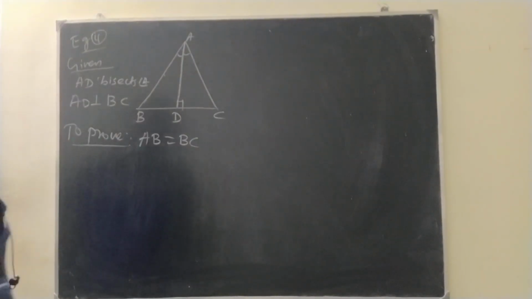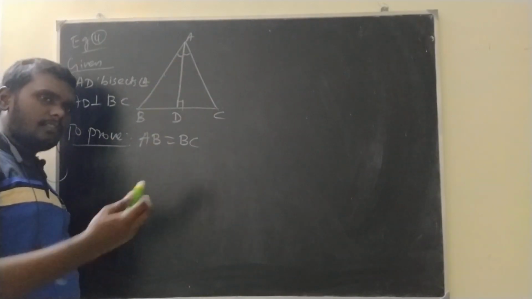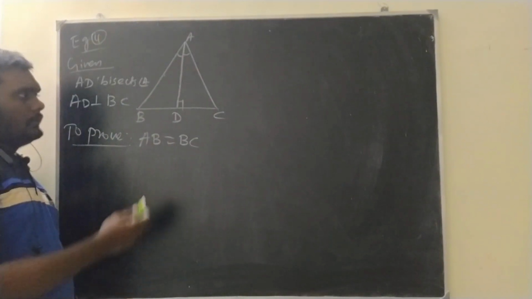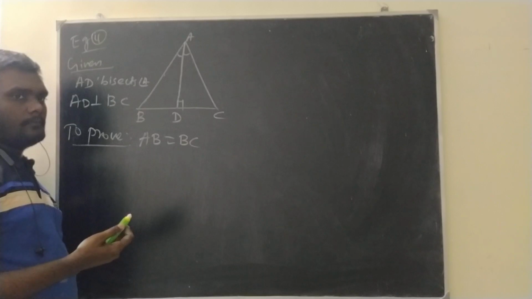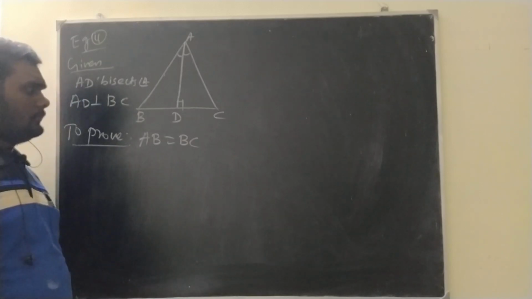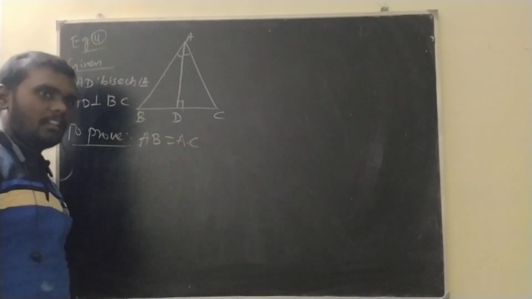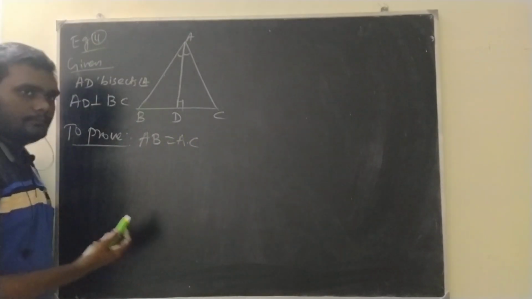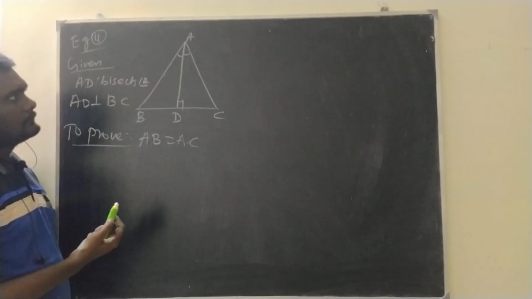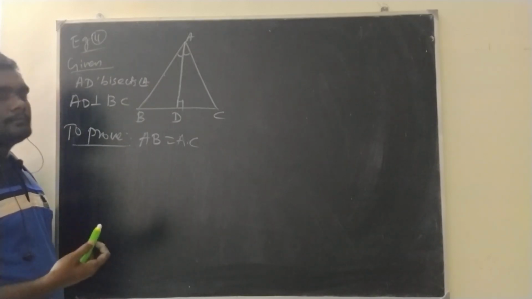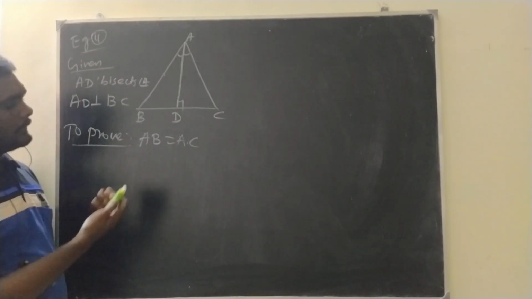So, how can we prove this? AB is equal to AC. Then, how can this be proved?